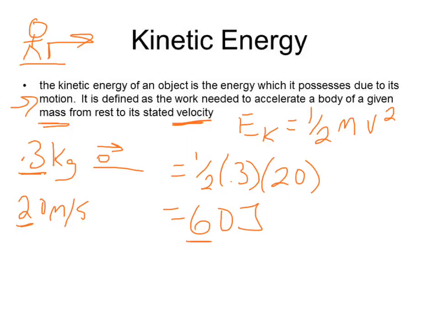Now kinetic energy is a little more difficult to manipulate than the formula for potential energy. I'm just going to go to another slide here and show you the different ways to manipulate the kinetic energy formula, which we start with: EK equals 1/2 mv squared. Let's say that we have to find mass.